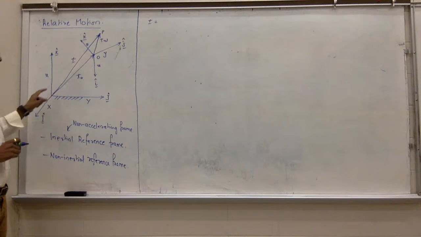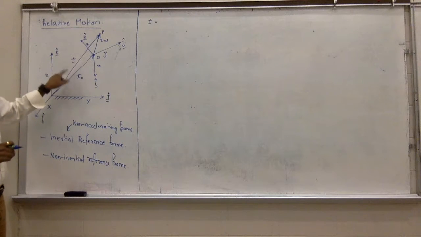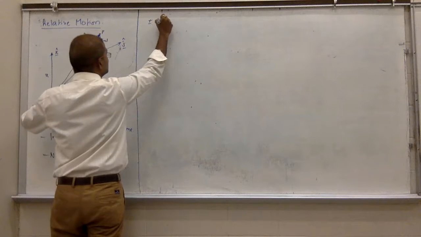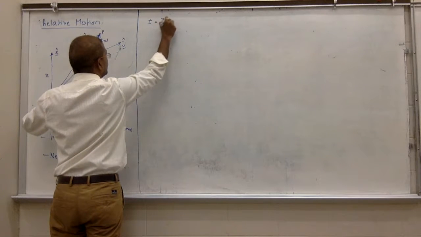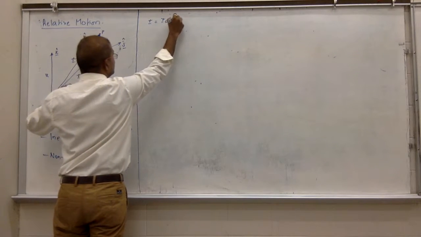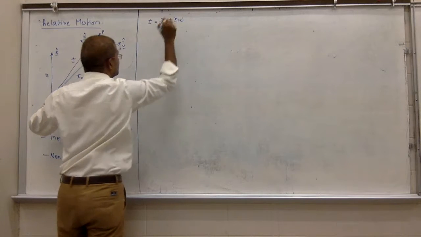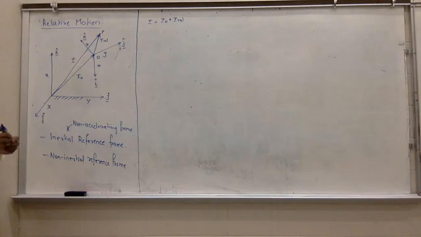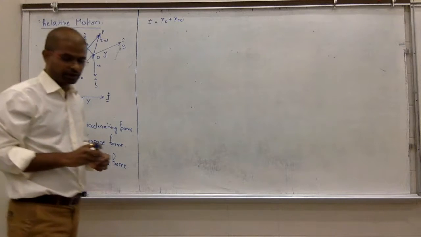Now if you look at it, R is simply R0 plus R relative. Everybody agrees with this? This is the law of parallelogram, right? So it's just a vector addition.